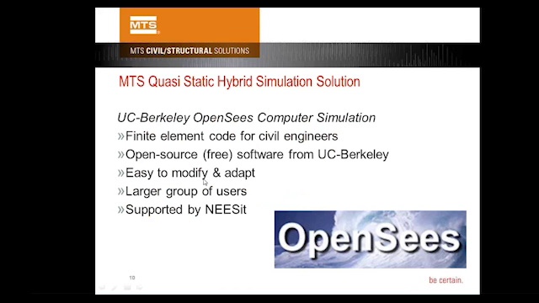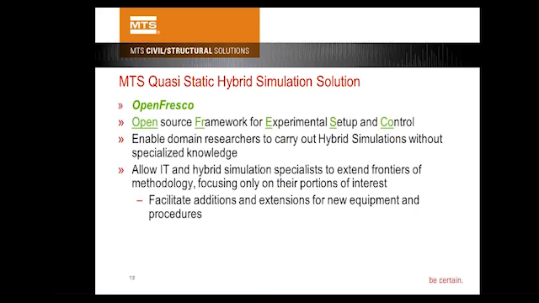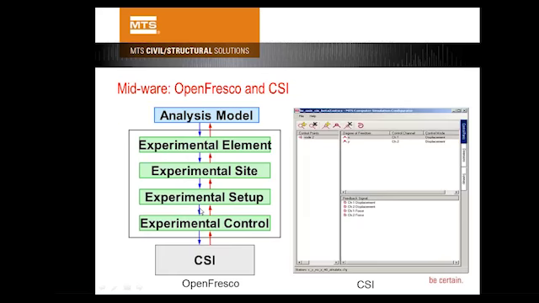So in this solution, the key part is UC Berkeley's software called OpenFresco. It handles the communication. It sends the command from analysis software, such as OpenSees, to our software called computer simulation interface. On one side, you have an analysis model, maybe an OpenSees model or ANSYS model or whatever model. The command is sent to the box here called OpenFresco.